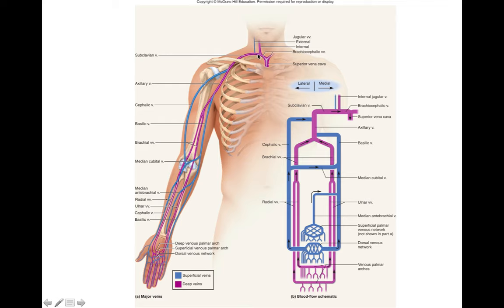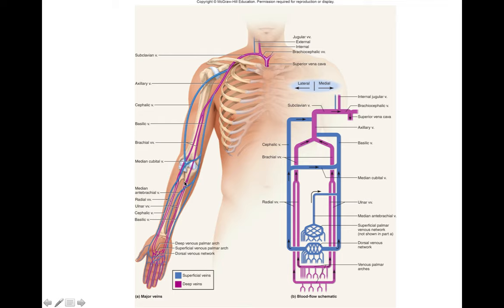They do not have a common jugular vein, so make sure you don't put common jugular vein for any answer choices. Here is your internal jugular vein and your external jugular vein here. They both connect directly to the subclavian vein right here. Subclavian, under the clavicle. And then subclavian will drain into the superior vena cava.